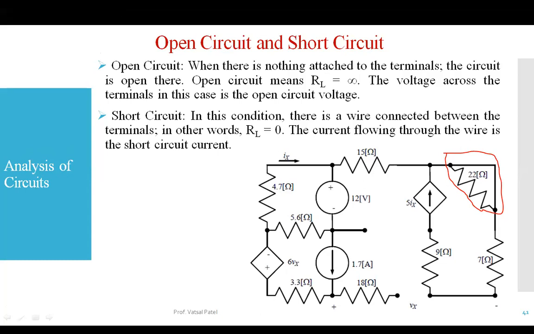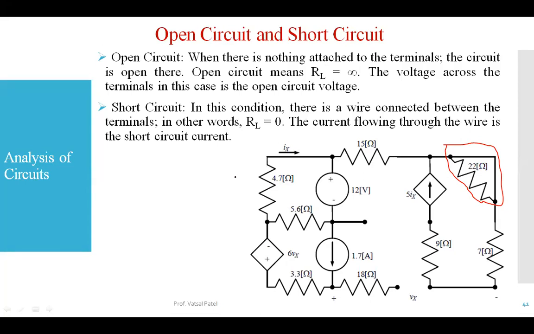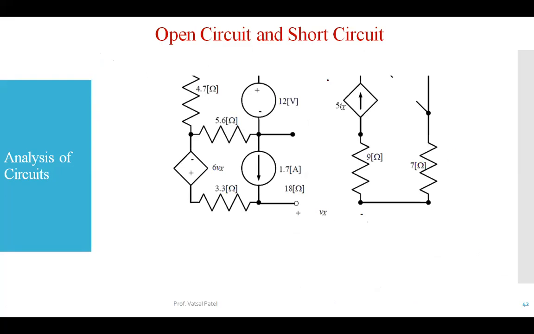Yes or no? So now, if you see this diagram, what modification have we done at these two places for the open circuit and short circuit?